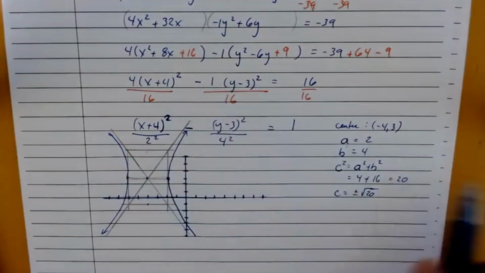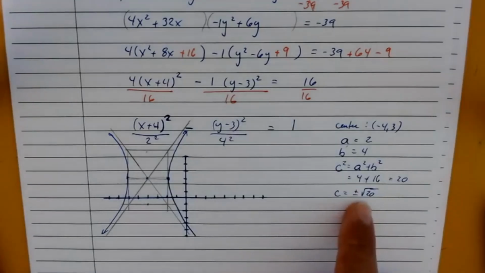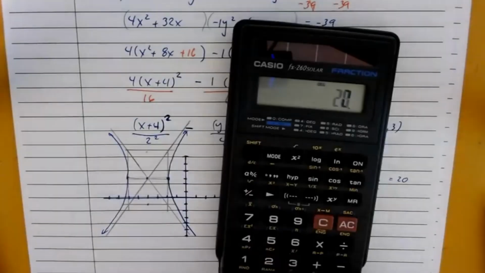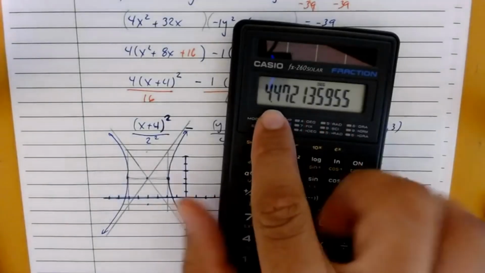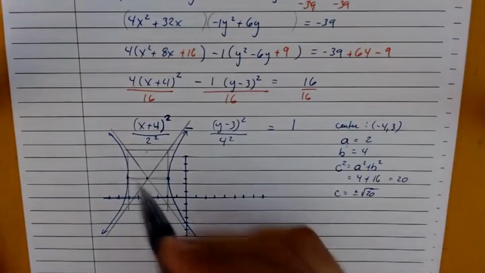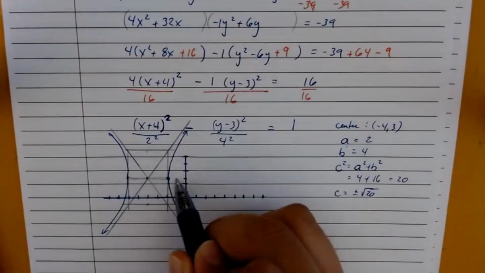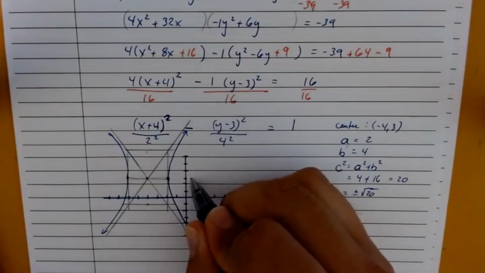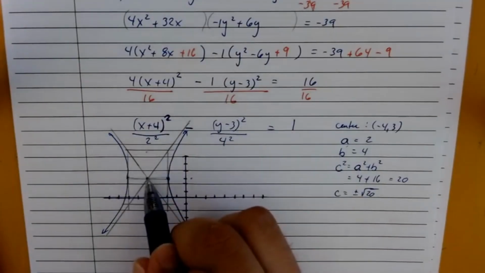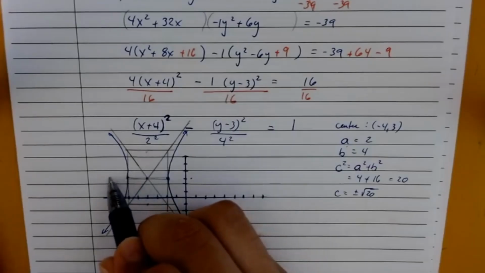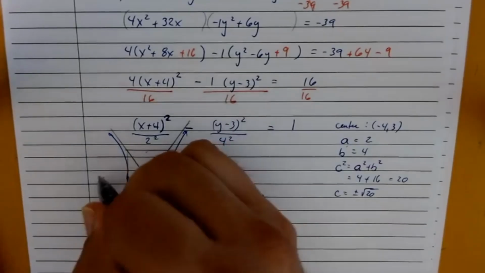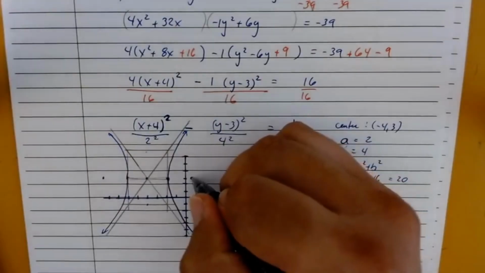You're going to travel the square root of 20 units, which is 4 point something, about 4.5, give or take. So you travel 1, 2, 3, 4.5, and the other direction as well, 1, 2, 3, 4.5. So those are our 2 foci.